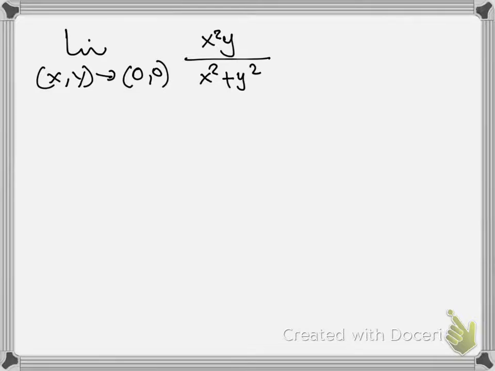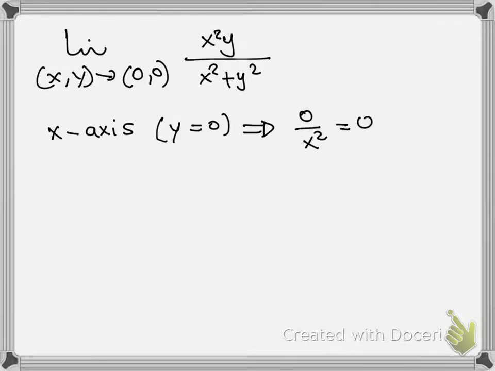So here, if you try the x-axis, y equal to 0, you have 0 over x squared, so it's going to be 0. If you try the y-axis, that's when x is 0, so it's 0 over y squared, and you have 0.